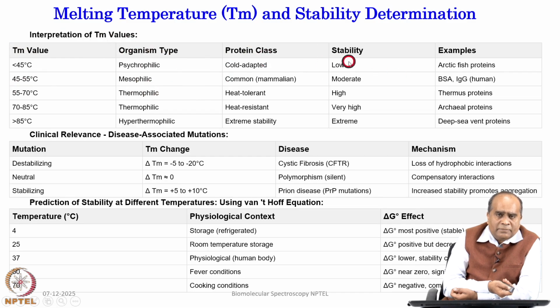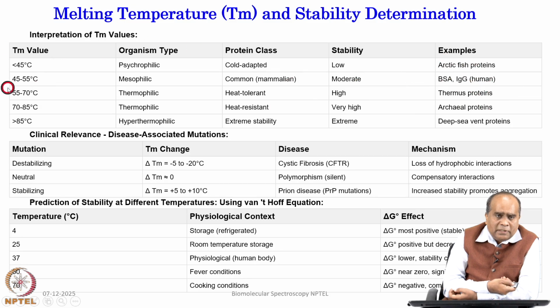It is a low stability protein, and an arctic fish has such proteins with low Tm. Now, 45 to 55, these organisms are called mesophilic, or common mammalian. Our proteins are in this range. It is a moderate stability, like BSA, bovine serum albumin, or IgG, immunoglobulin.